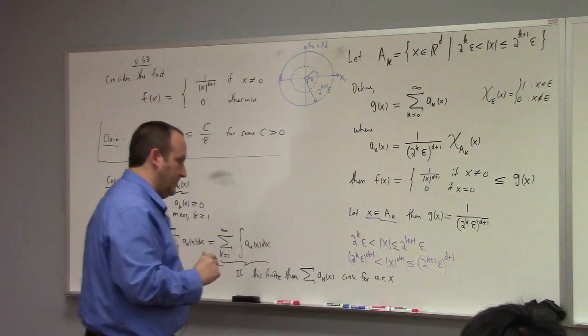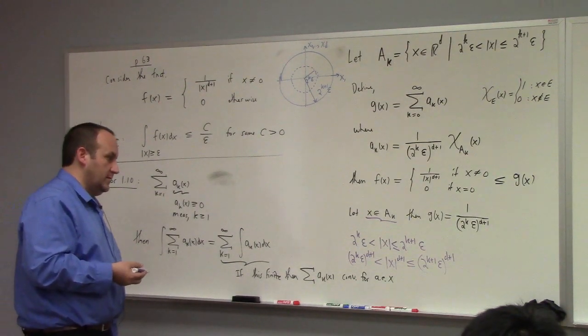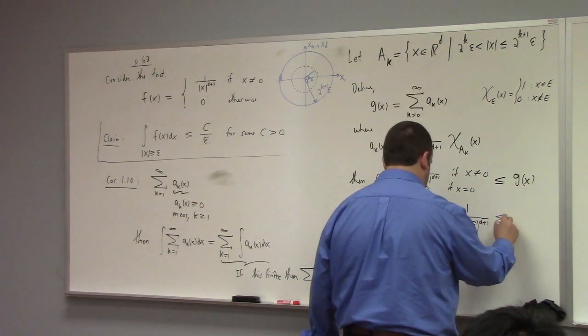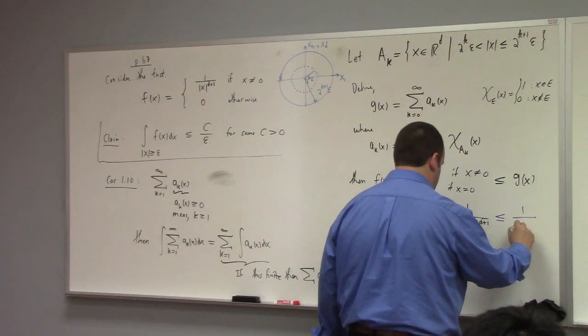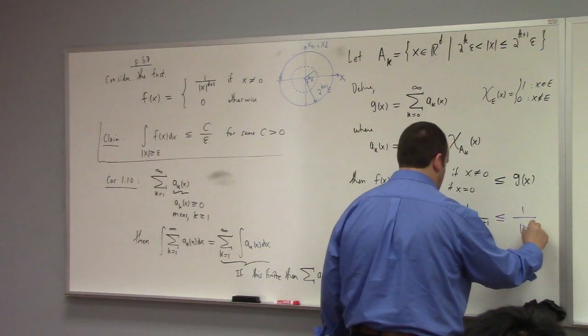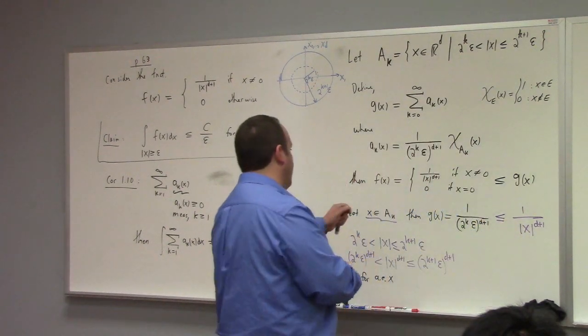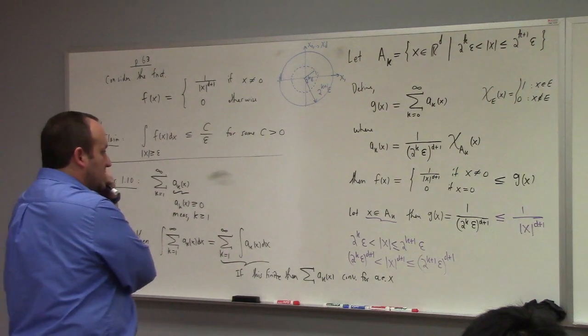Right? So this is less than or equal to 1 over... or is that the wrong direction?